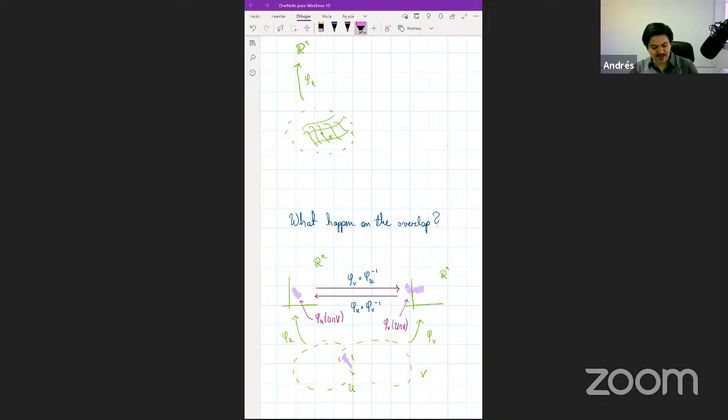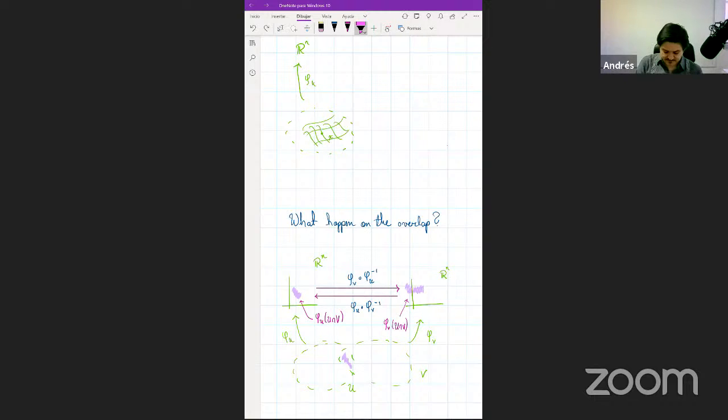So this is the observation that we discussed before. This open set is homeomorphic to this one under this map. So the dimensions must be the same. So that's why now I'm using the same n, right?